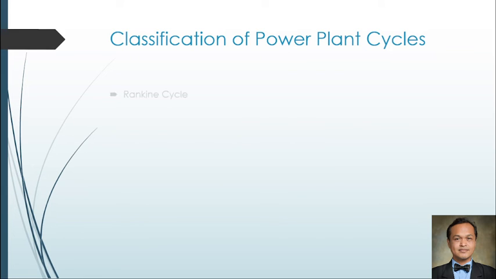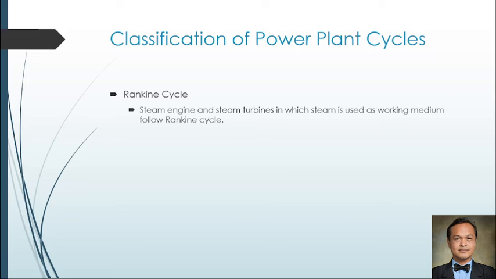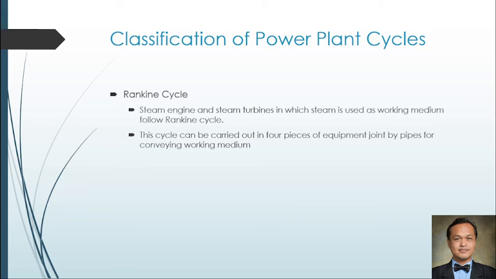The next power cycle is the Rankine cycle, which is used in a steam engine and a steam turbine, in which steam is used as the working medium. This cycle can be carried out in 4 pieces of equipment joined by pipes for conveying the working medium.